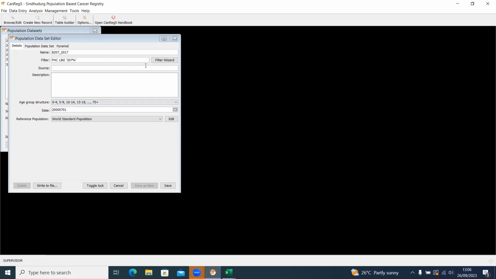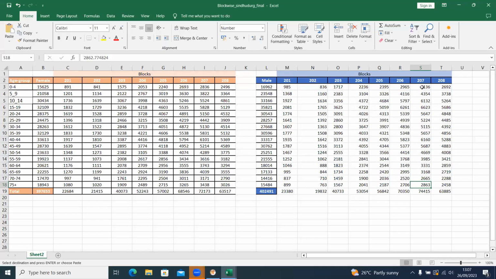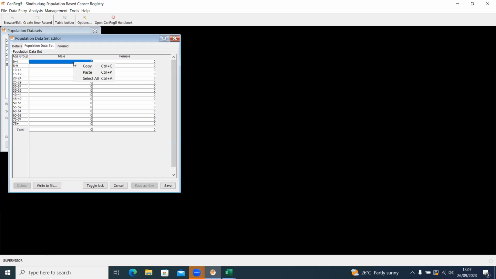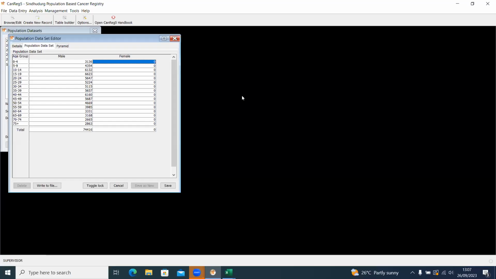So I'm using a filter here. And now I will add the population data set. That is for 207, the male population I'm adding here. Similarly, for females, I'm selecting the data set.